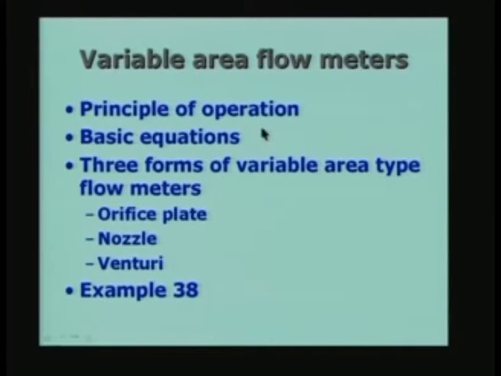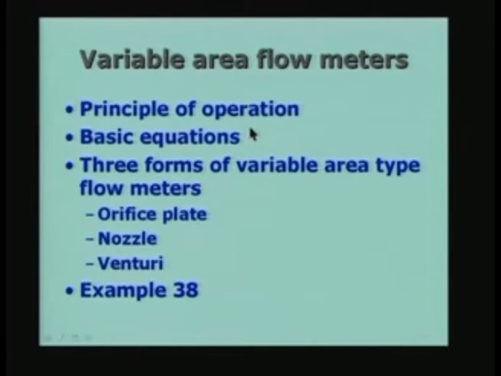Of course, we will have two different cases, one incompressible, corresponding to either liquids or gases flowing at very low velocities, and if the velocities are not very small or moderately high, then some compressibility effects may be important in the case of gas flows.